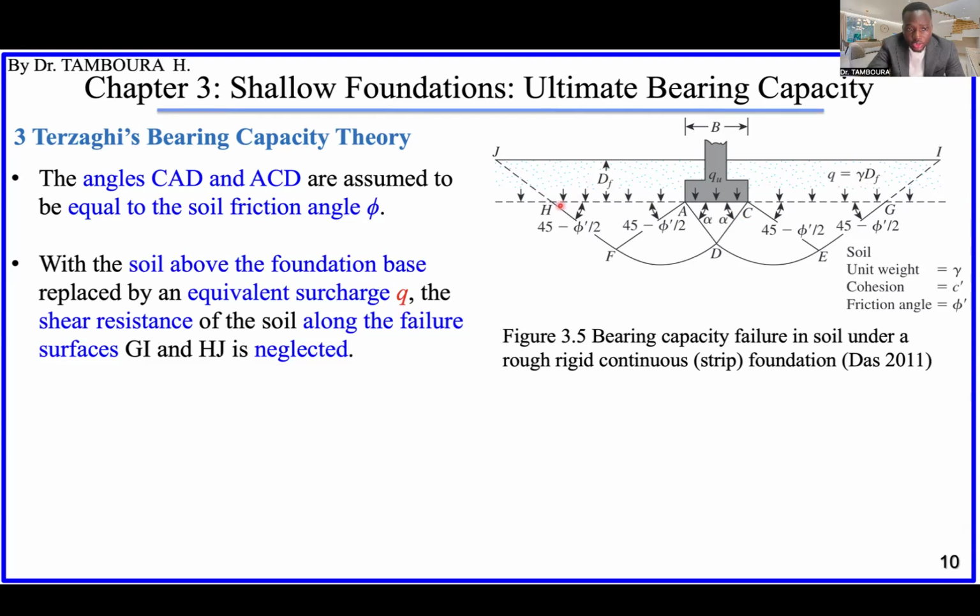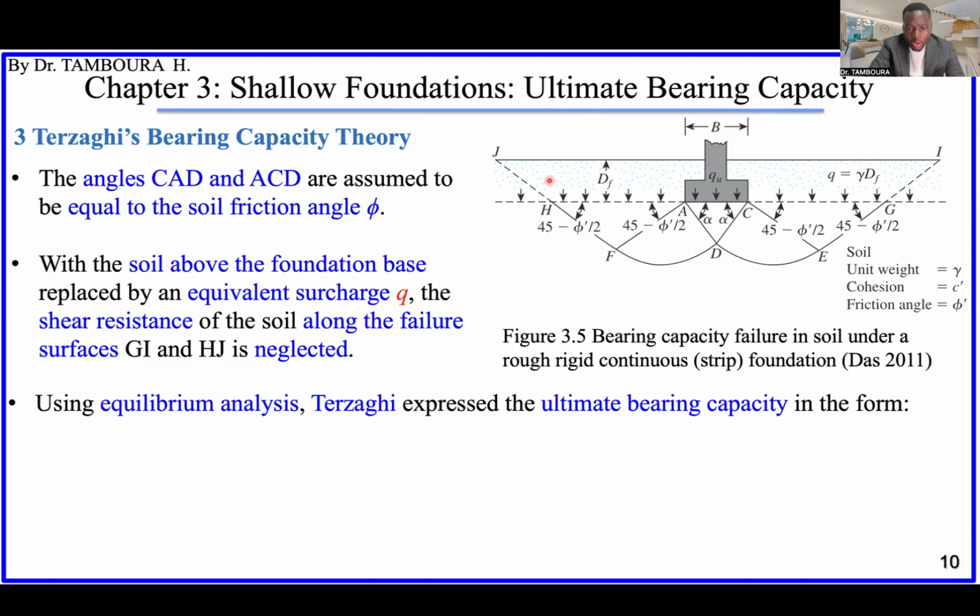Okay, the shear resistance along this, HJ and GI, they're not participating. Okay, this is what it means by replacing this soil by its own weight, by just the surcharge.